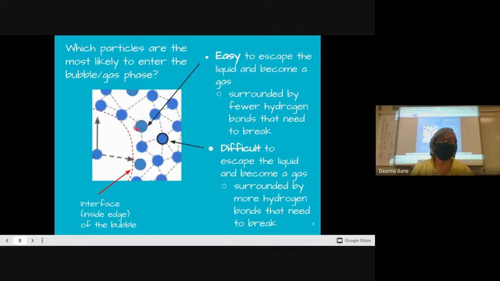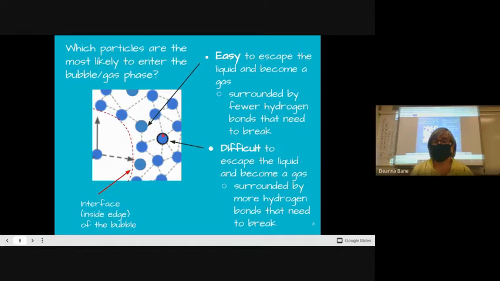So if we look at this water molecule right here, we can see 1, 2, 3 hydrogen bonds. Whereas this molecule, which is really inside the liquid, is attracted to 1, 2, 3, 4, 5 different molecules, possibly even 6.